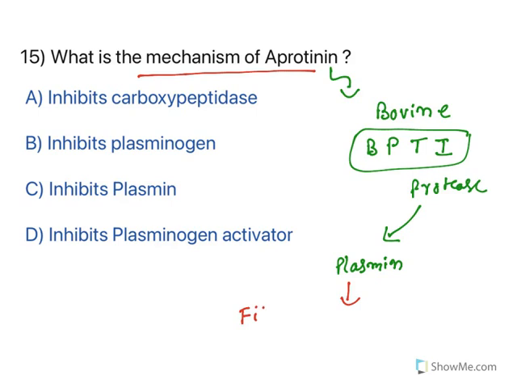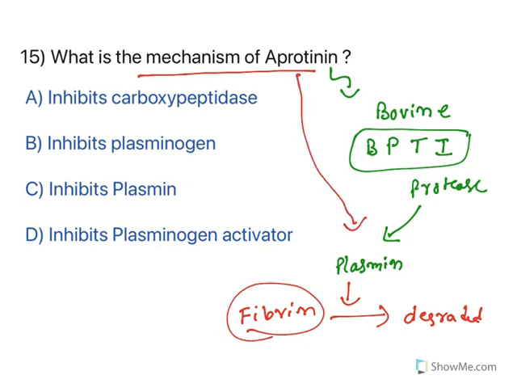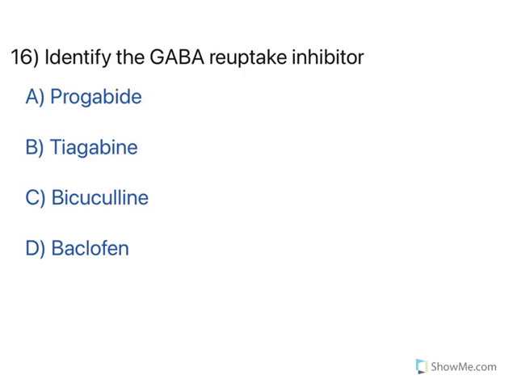Plasmin degrades fibrin, producing degradation products. So, when fibrin is degraded, coagulation is inhibited. So, aprotinin is used to reduce bleeding. Why? It inhibits plasmin, so fibrin is not degraded and the coagulation clot still remains there. So, what is the option here? Inhibits plasmin, which is also used to treat bleeding disorders. Moving to the next one.